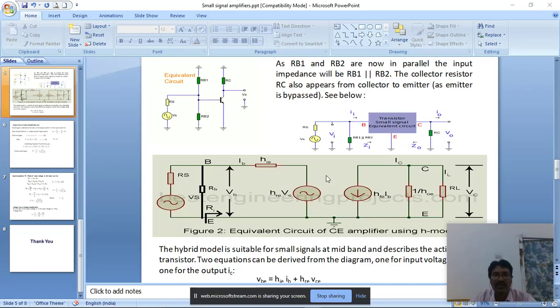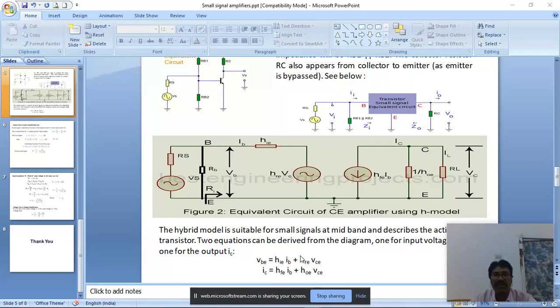So from the figure, the voltage between base and emitter, VBE equals IB into HIE plus HRE into VC. That is equation 1. The output current IC is the sum of these two branch currents, that is HFE IB plus HOE into VC. That is equation 2.